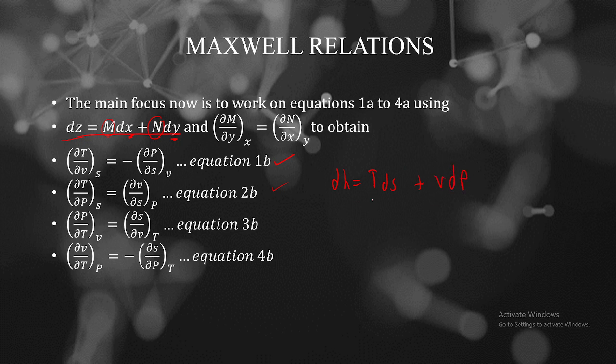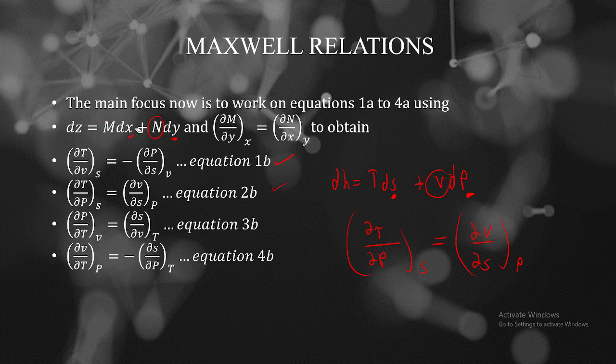So I can take the t, so del t, then the other variable from the other part of the expression, so with respect to the change in p, and now the variable it was with, I'm going to keep that one rather constant, a constant s. That should be equal to, now I can take the v, so del v, and do it with respect to the variable at the other side, so del s, but this time the variable that it was with will now be the constant, a constant p. So that's how we get equation 2b. So that's the understanding behind it.